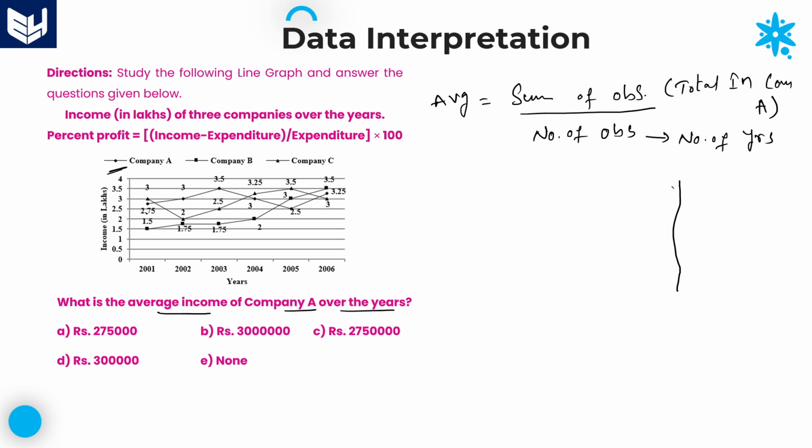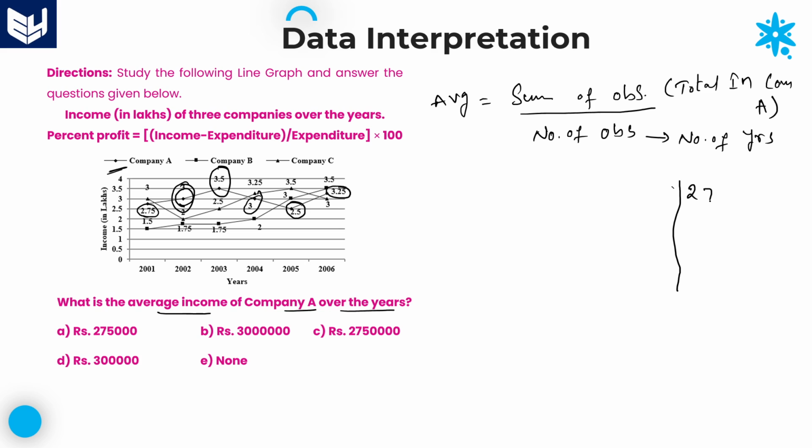In 2001, the value is 2.75, 2002 that is 3, and next 2003 that is 3.5, and then it is 3 again, and then here it decreases again to 2.5, and after that it increases to 3.25. Now I will write down all the values.